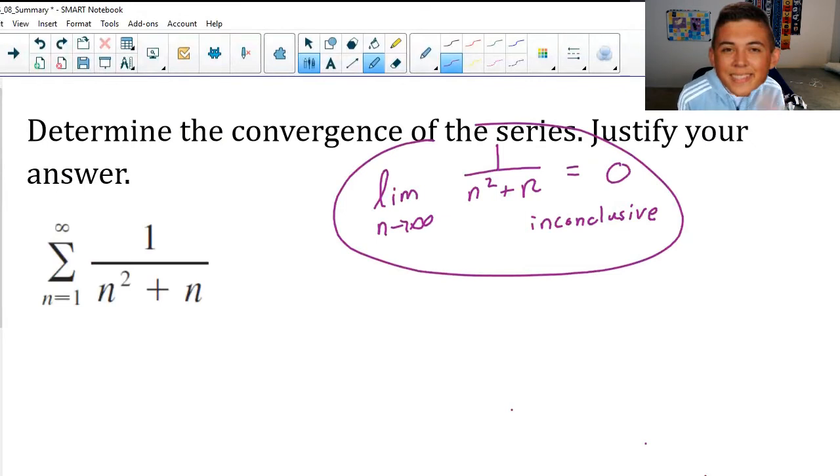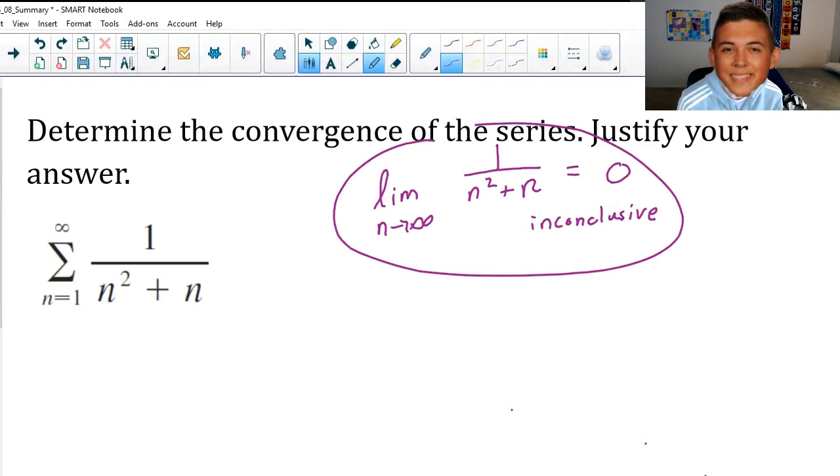Does it look like an alternating series? No, because I don't see a -1 to the power of anything. It does not look like a geometric series either. It's not in that form of a times r to the n minus 1.